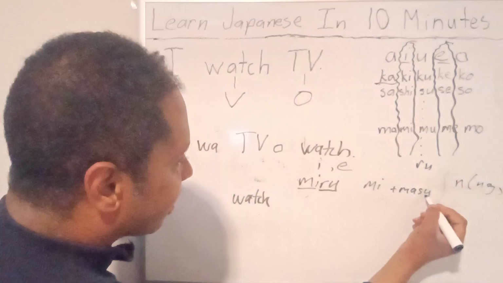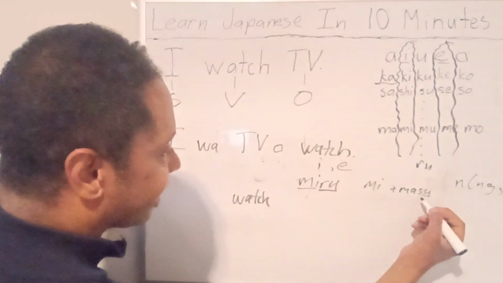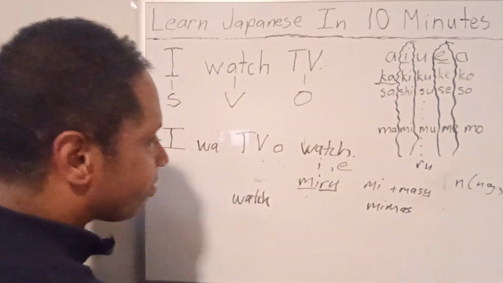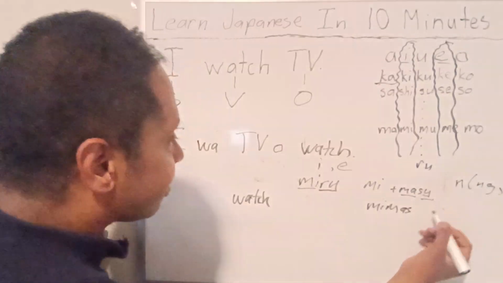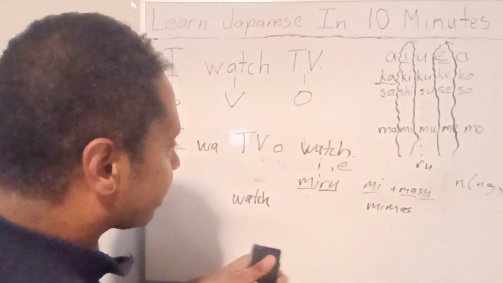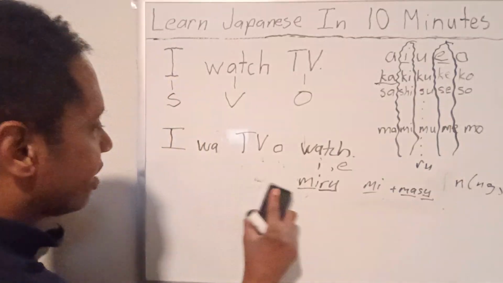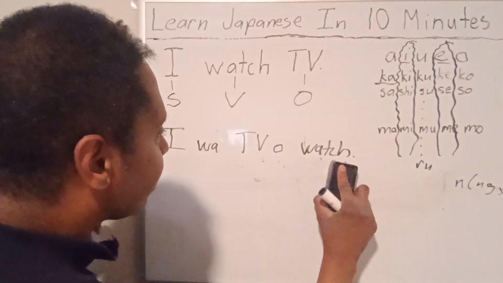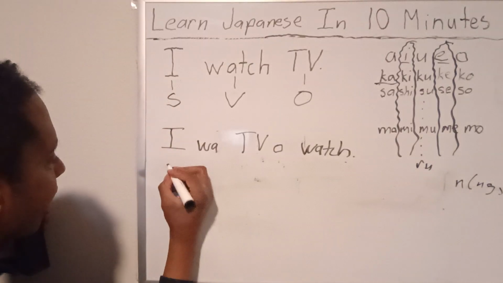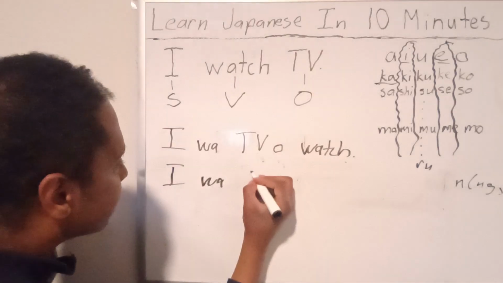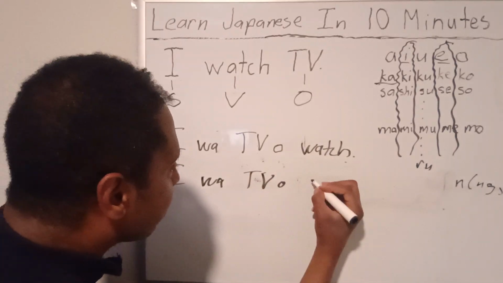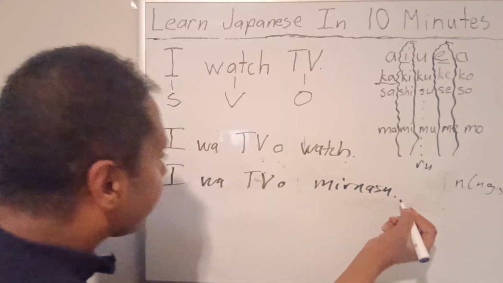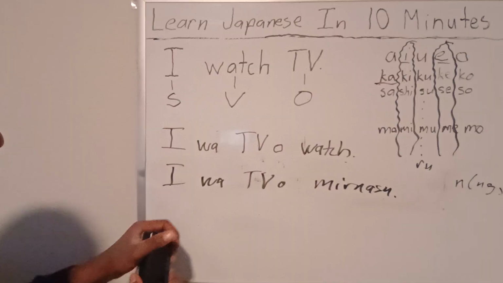By the way, this u is silent, so it's like mimas, but it's really masu. So to watch is mimasu. So you say I wa TV o mimasu. That's how you do that.